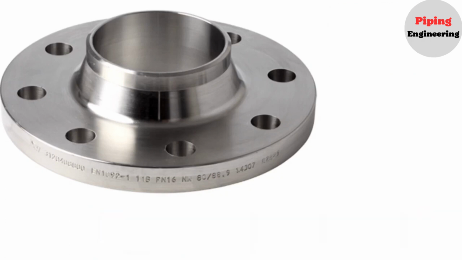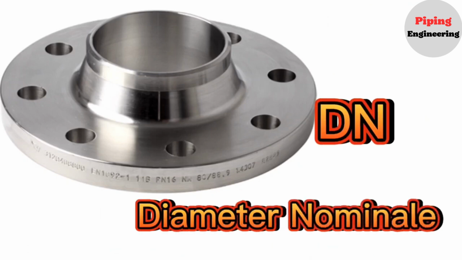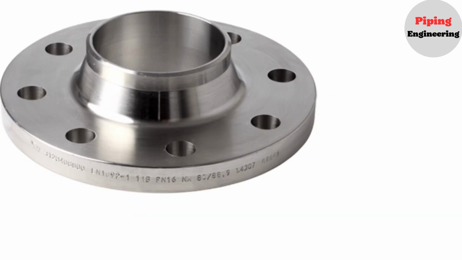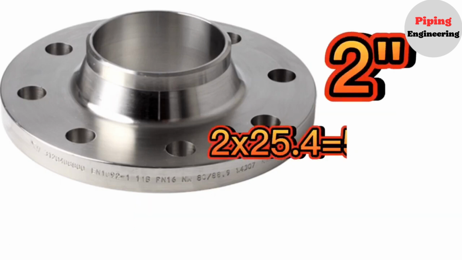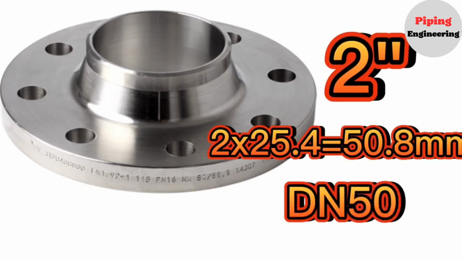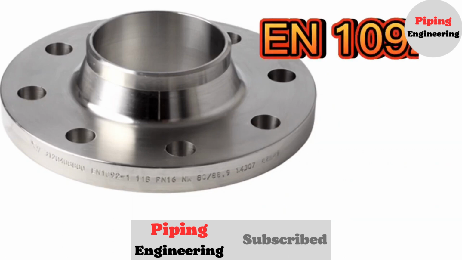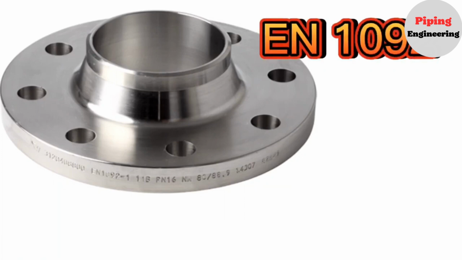Another designation, DN, stands for diameter nominal, which is used with the term PN to specify the size of the flange. DN is a rough translation of imperial sizes in metric. So a 2-inch imperial flange, which is 2 x 25.4 equals 50.8 mm, is stated as DN50. National flange standards in Europe now have largely been superseded by the European EN 1092 series.